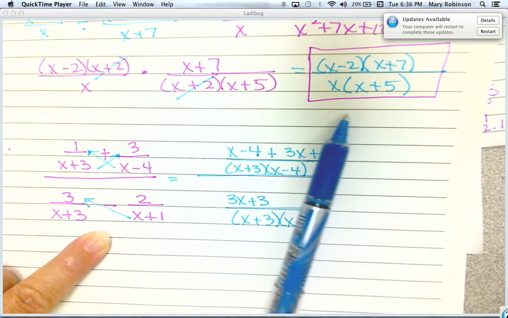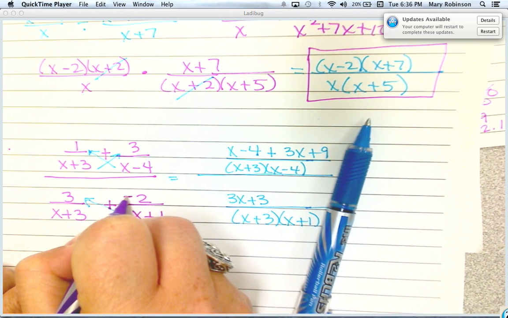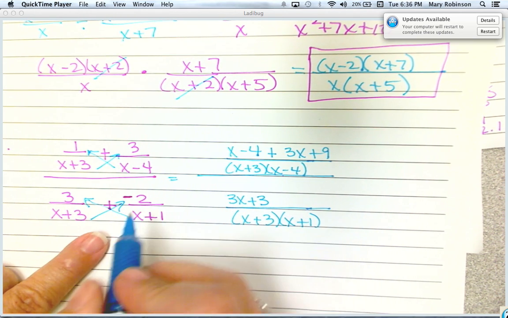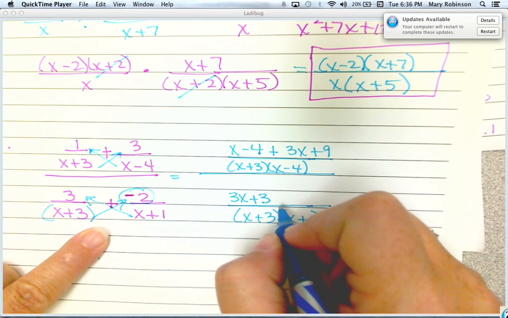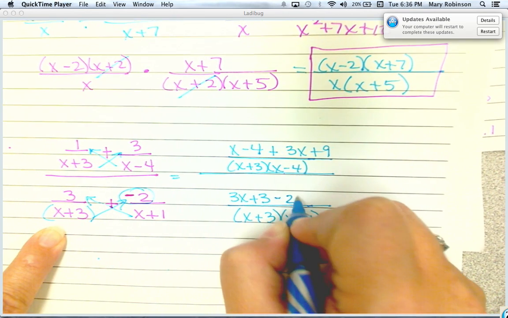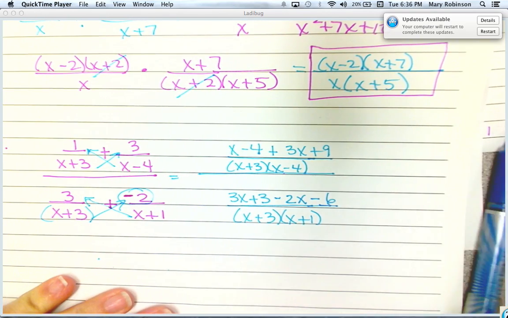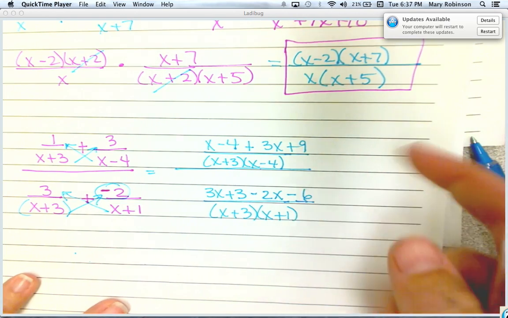But be really careful here. This is a minus sign, so I recommend that you change it to minus or positive, add, and move the negative up there. That way when you multiply, you know that you're distributing a negative 2 over this quantity. So negative 2 times x, and then negative 2 times 3. At this point, guys, it's just a matter of combining like terms and changing it to multiplication and flipping the bottom.